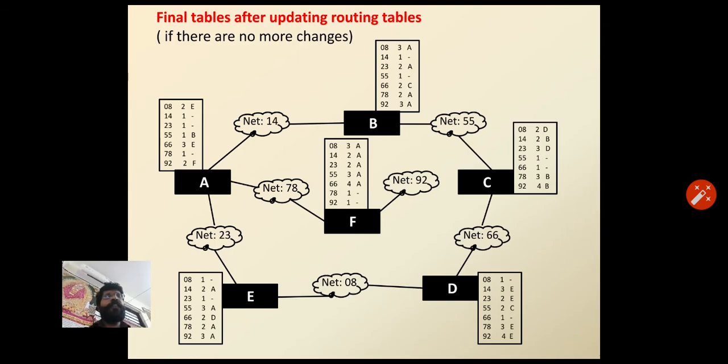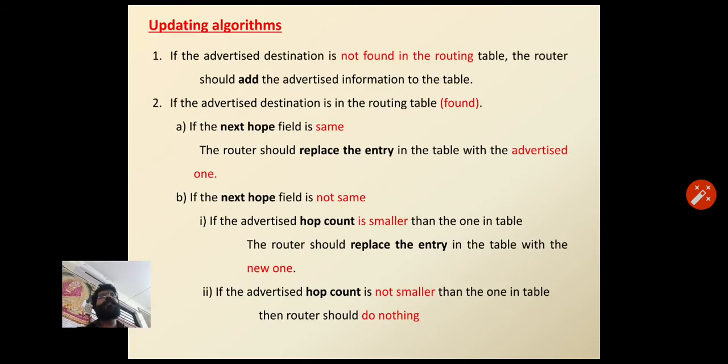Now we can see step by step how this updating algorithm works. First, if the advertised destination is not found in the routing table, the router should add the advertised information to the table. Second, if the advertised destination is found in the routing table, check whether the next hop field is the same.